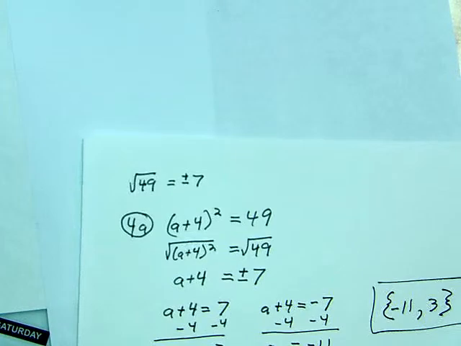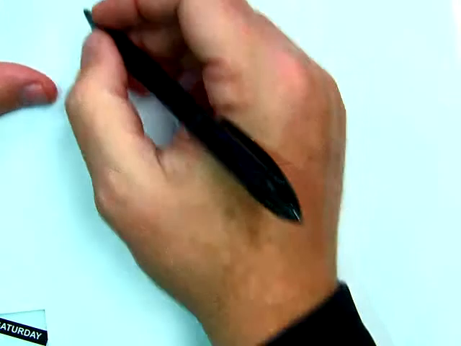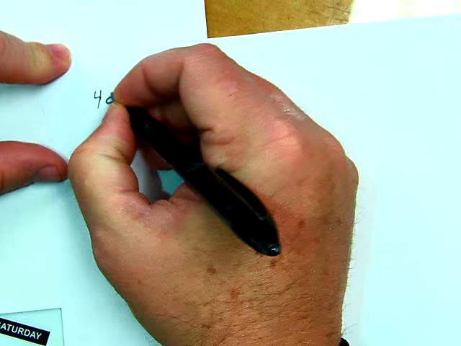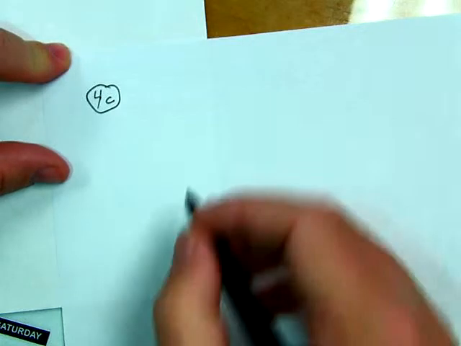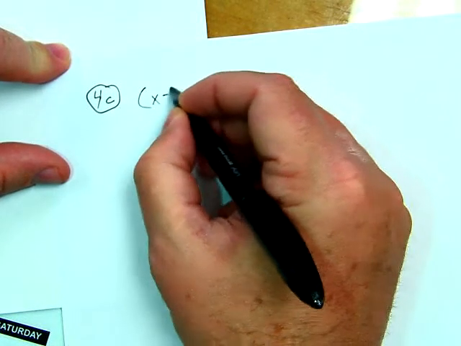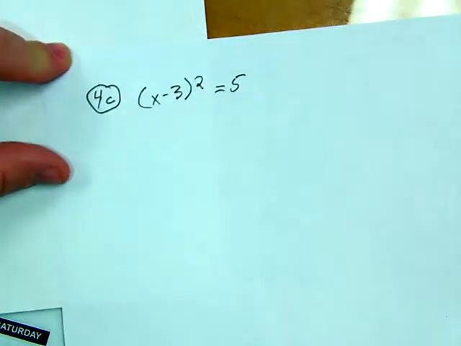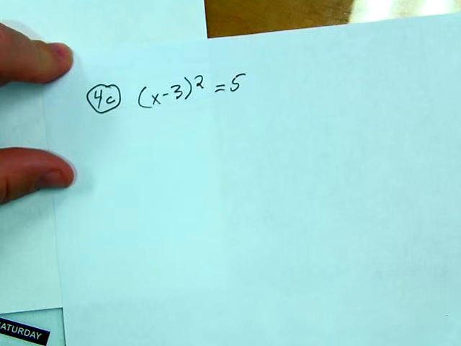And finally, 4c. 4c is x minus 3 squared equals 5. In this example, we're going to do one that shows you that it doesn't always come out so perfect.